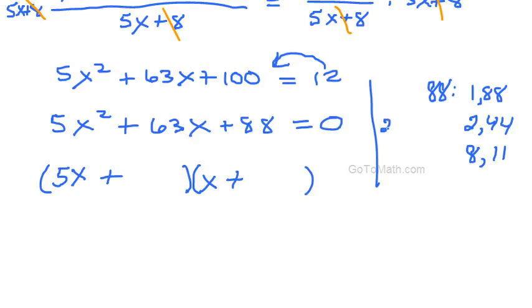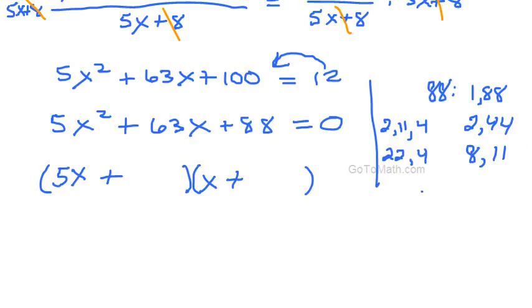We had 2, 11, and 4, right? 44, 88. That breaks that down to 2. Let's see, 22 and 4. Is that another one? 22 and 4.